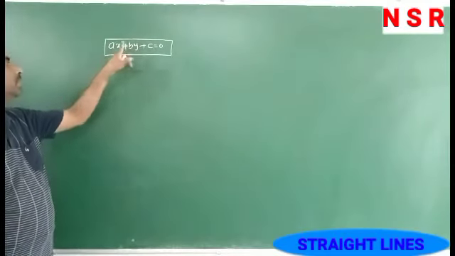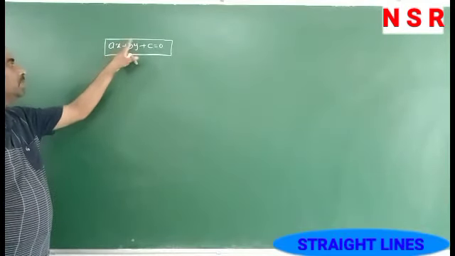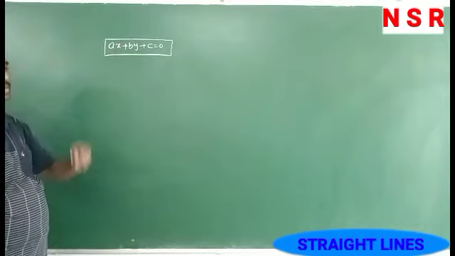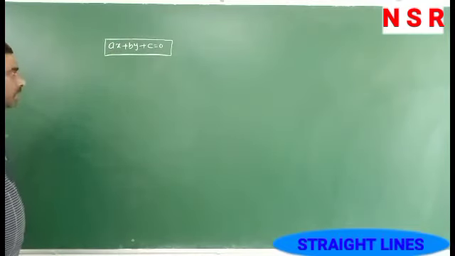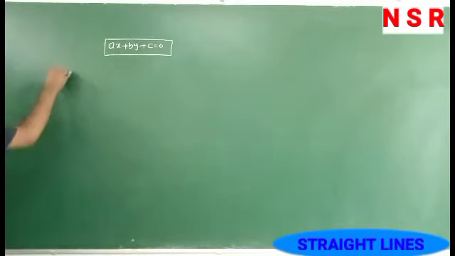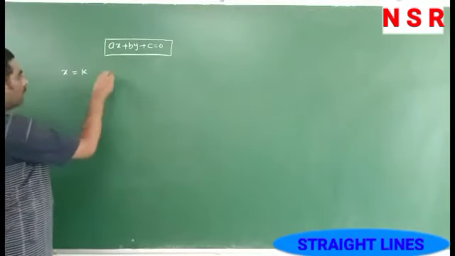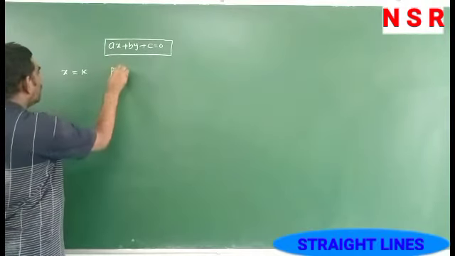So here degree 1, x power 1, y power 1, degree 1 with two variables x and y is called a straight line. Suppose x equal to k, where k is a constant. x equal to k means x equal to 1, x equal to 2, x equal to 3, all parallel to the y axis.